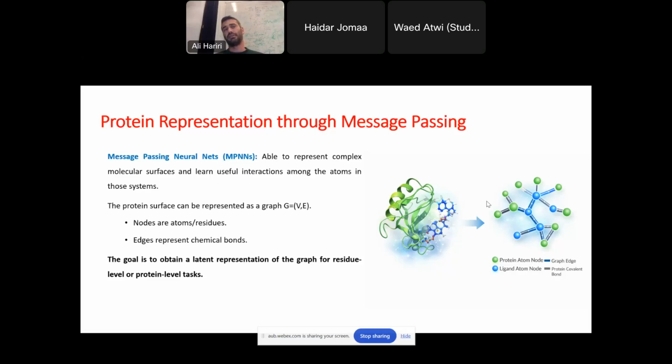In this case, nodes can be the atoms or the residues of the protein, and the edges will be the chemical bonds. The atoms are spread in 3D space. If I do a k-nearest neighbor approach, I can already get the connectivity of the protein, because maybe it's not defined a priori. Then I have a connected graph that I can feed to a graph neural network.